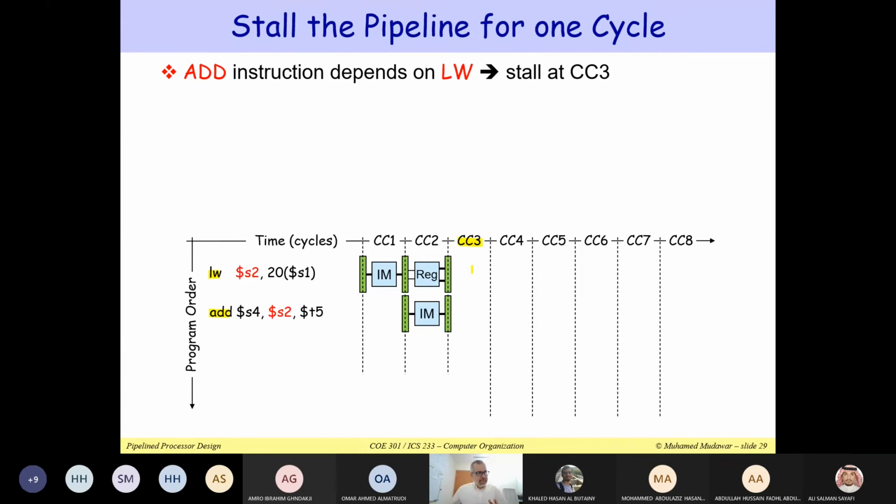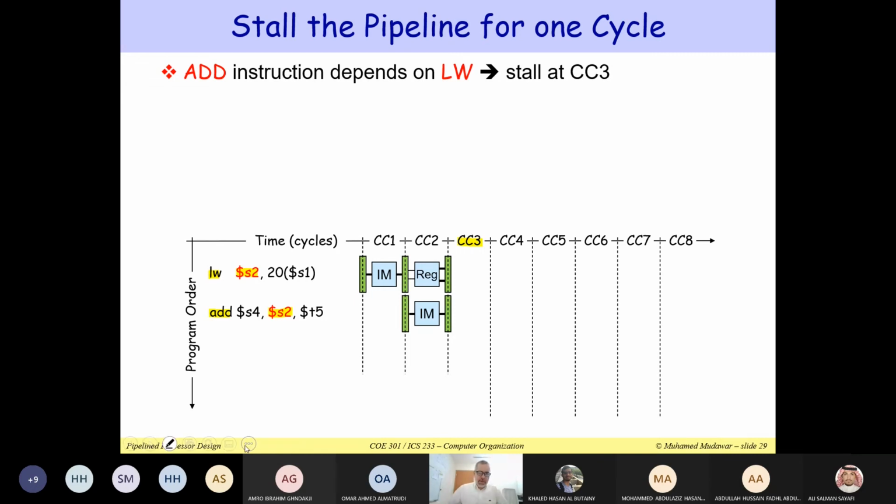This is when we detect that we have a read after write. We detect that the add depends on the load, and we have also detected that the instruction in the execute stage is a load, based on the memory read control signal. So the action would be to introduce a bubble.